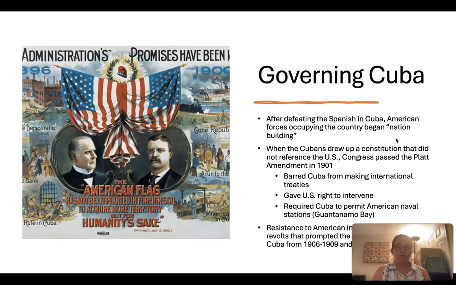American troops occupied the island of Cuba from 1906 to 1909, and they come back again in 1912 to put down a revolt by plantation workers. So this process of having to govern and construct reforms in Cuba was a bit more difficult than perhaps the United States had bargained for.